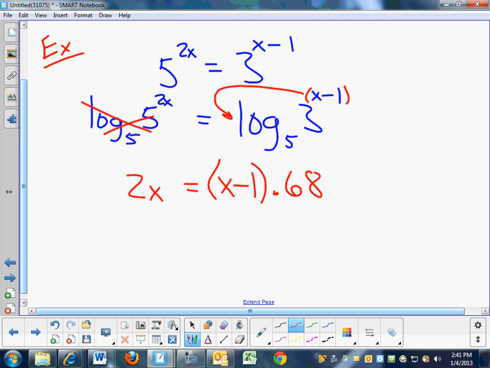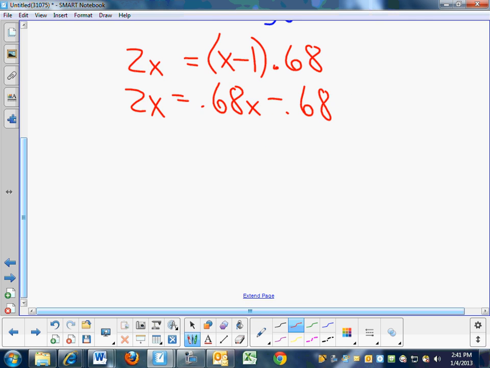I'm going to distribute that through. 2x equals 0.68x minus 0.68. How do I solve? Subtract 0.68 from both sides. I get 1.32x is equal to negative 0.68. Divide both sides by 1.32. So negative 0.68 divided by 1.32, negative 0.515.